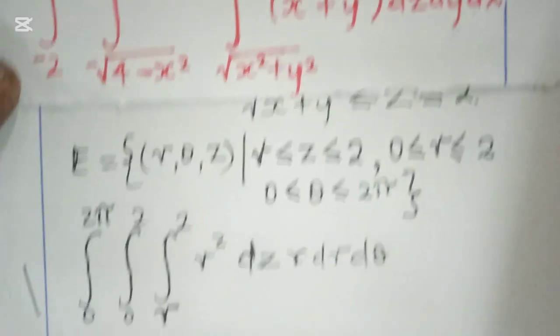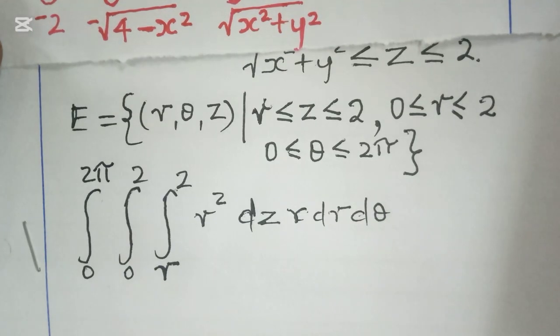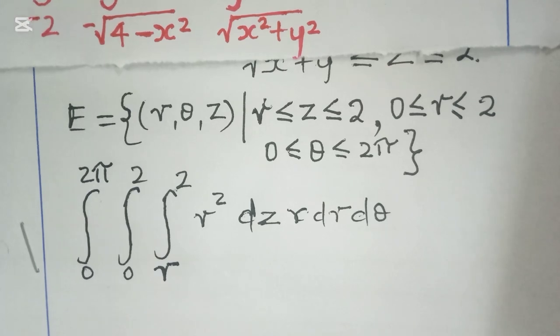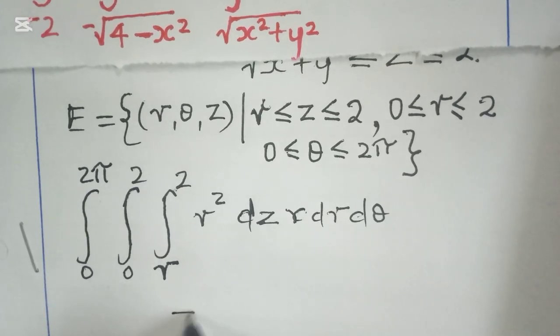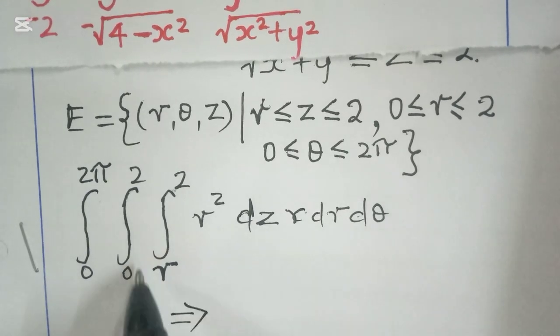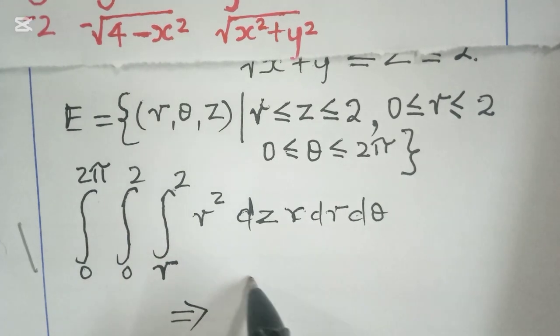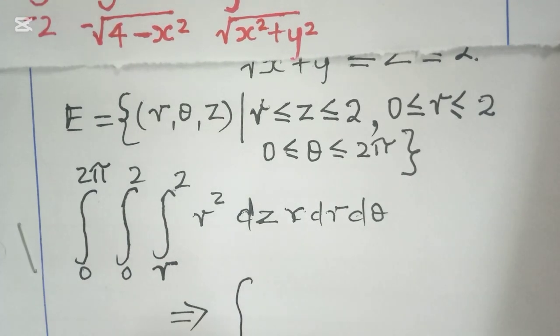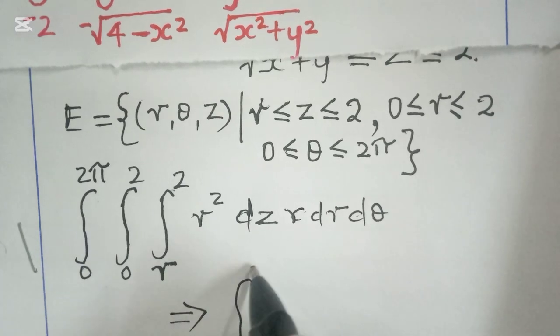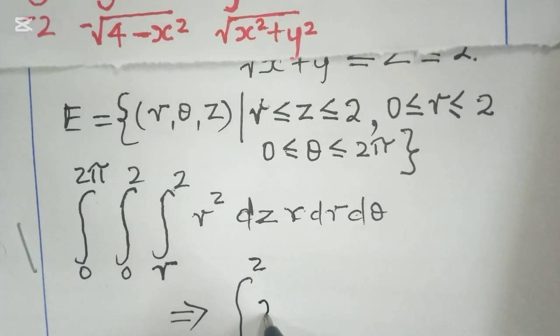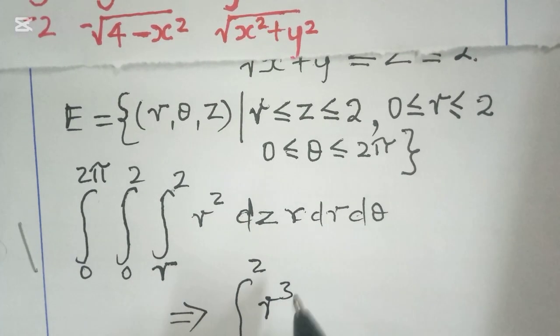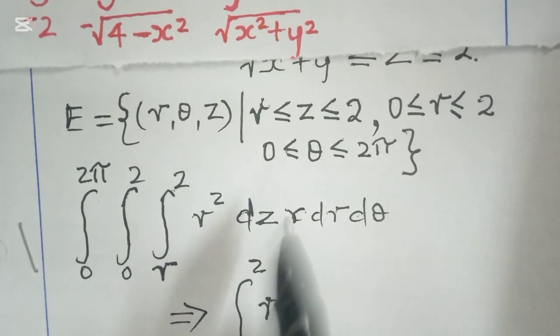So guys, we can now actually integrate. We start here, but before we do that, we multiply this and that. So we shall have integral of limit r to 2, we have now r cubed, and then here we write, we start with dz.